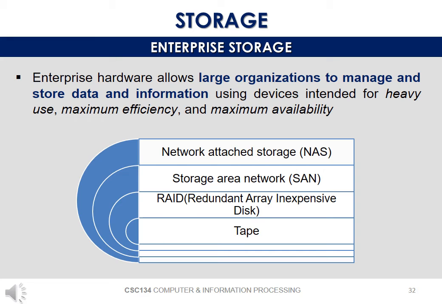Enterprise hardware allows large organizations to manage and store data and information using devices intended for heavy use, maximum efficiency, and maximum availability. Examples of enterprise storage are network attached storage, storage area network, RAID, and tape.